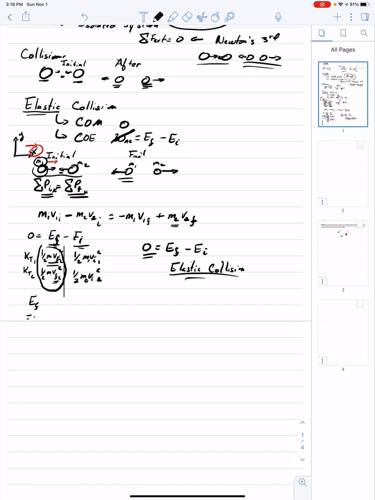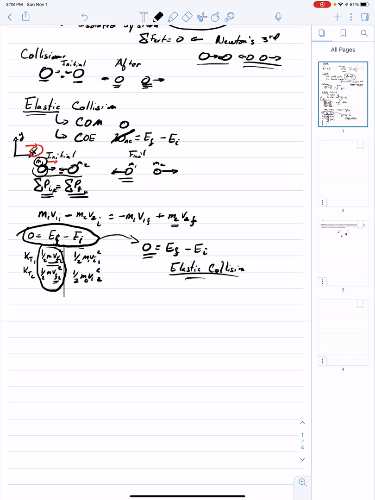Okay, so now we talked about what's so important about elastic collision. It's this part right here. It is understanding that conservation of energy is involved in this one. Work due to non-conservative forces has to be zero in order to be an elastic collision.